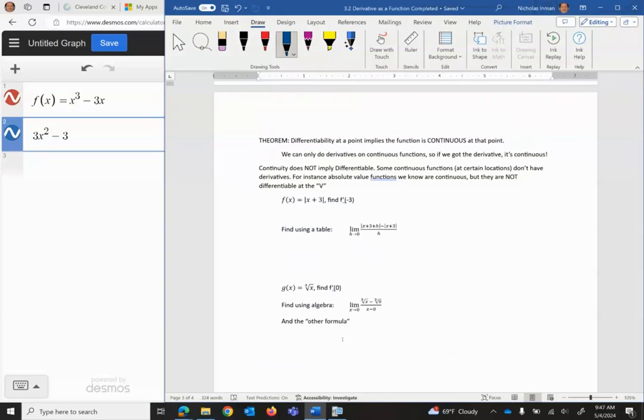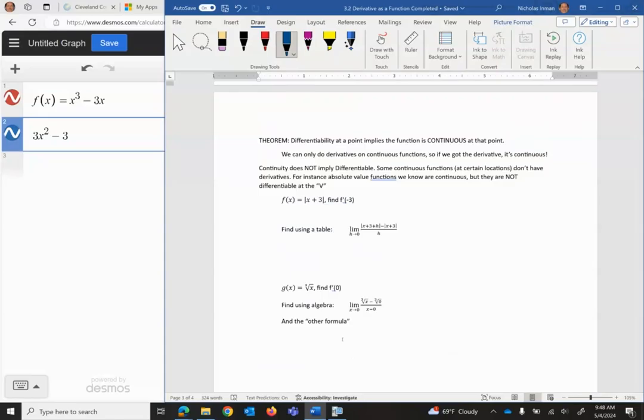So you can only do derivatives when a function is continuous. If I have a derivative, I know the function's continuous right there. If it's differentiable, if we have a slope, that means the function is continuous at that spot.